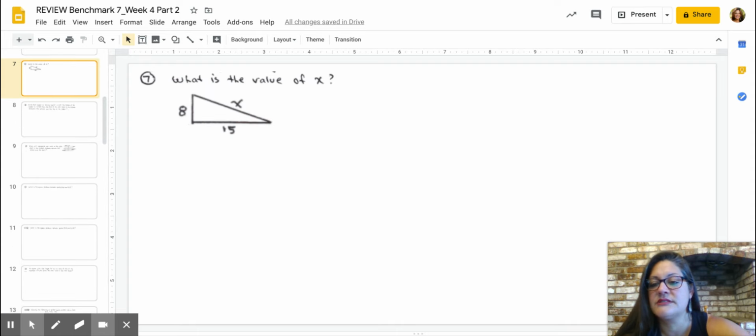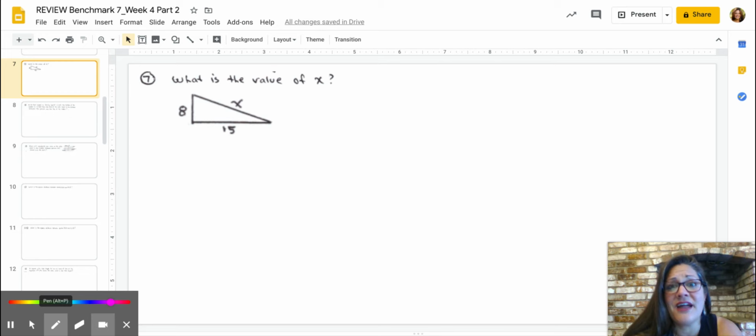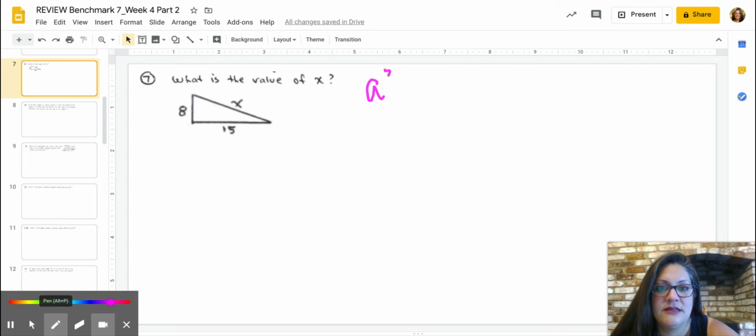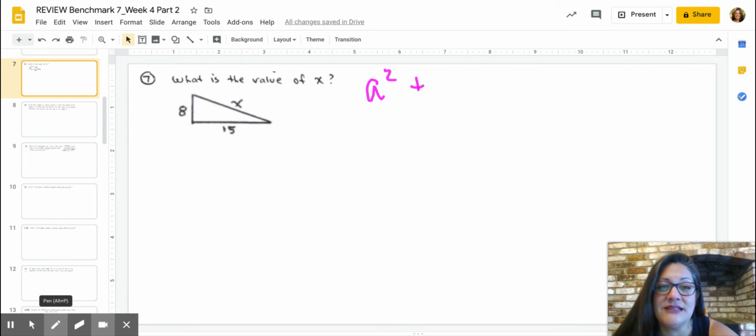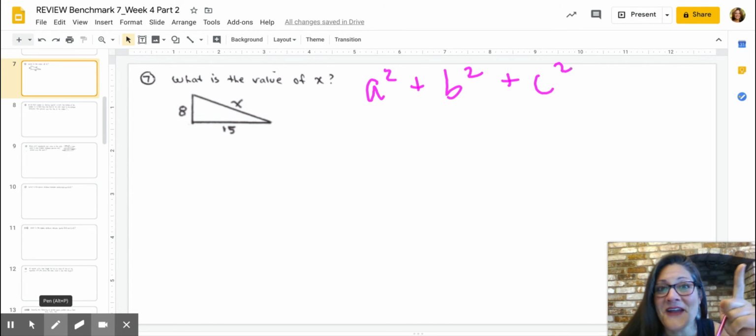Okay, number 7. What is the value of x? So x is actually c. We're still with Pythagorean. I'll tell you what, there are many things that I have forgotten as I've gotten older, but I have never forgotten Pythagorean. Pythagorean and slope-intercept.